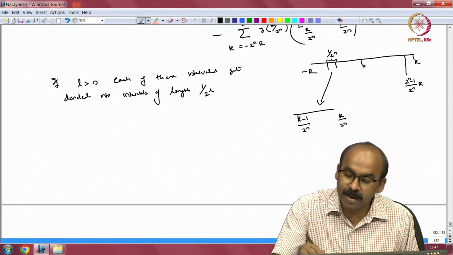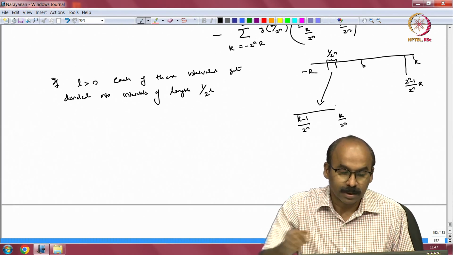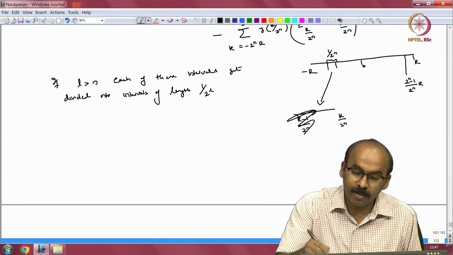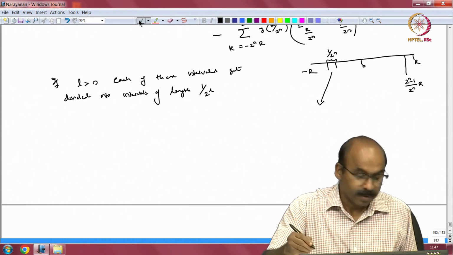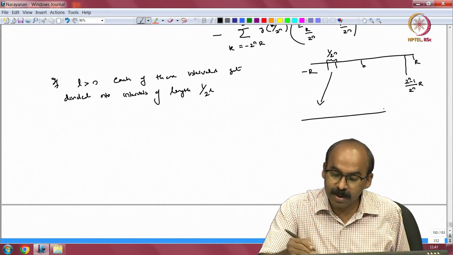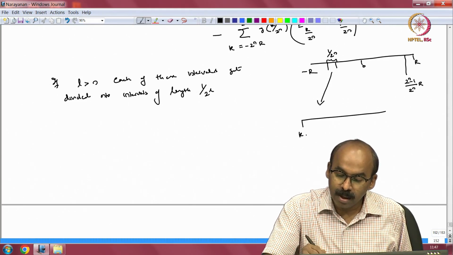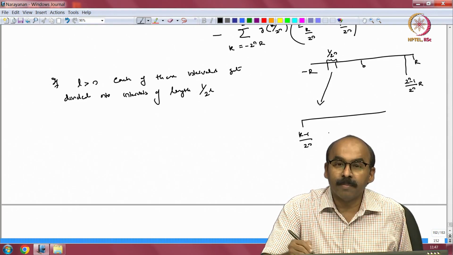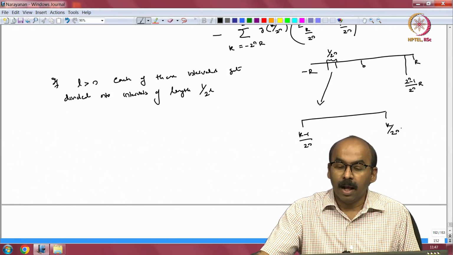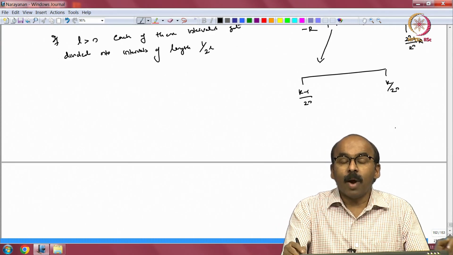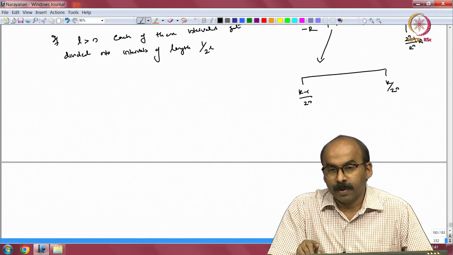So, that is my subinterval. Okay, let us write this appropriately. This is the subinterval k minus 1 by 2 to the n to k by 2 to the n. So, that is one interval at the nth level.